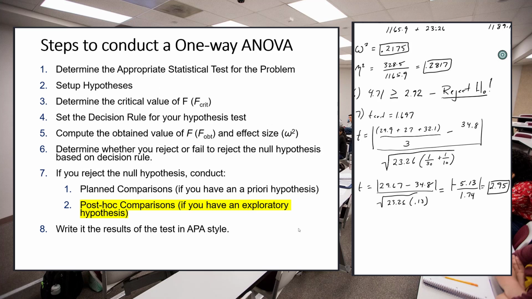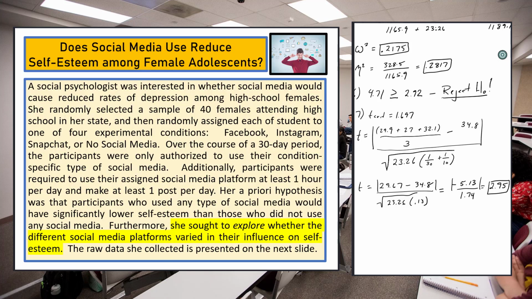Okay, now post hoc comparisons. Well, we had a significant planned comparison. We know that using social media has a negative impact on the self-esteem of high school females. And that was our a priori hypothesis, the hypothesis that we had predicted in advance. However, we also had an exploratory question.